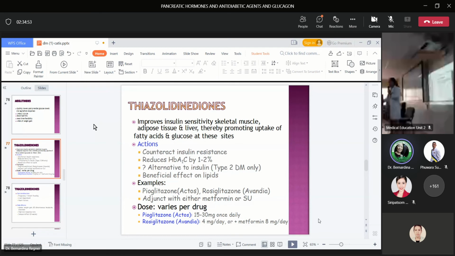You can use this as an adjunct with metformin or sulfonylureas. Dose will vary per drug: pioglitazone 15 to 30 milligrams once daily, rosiglitazone or Avandia 4 milligrams per day, or with metformin 8 milligrams per day.